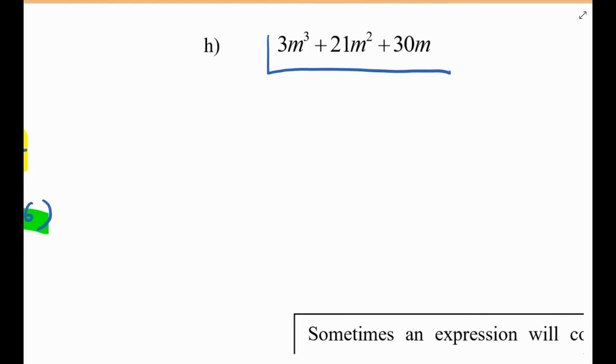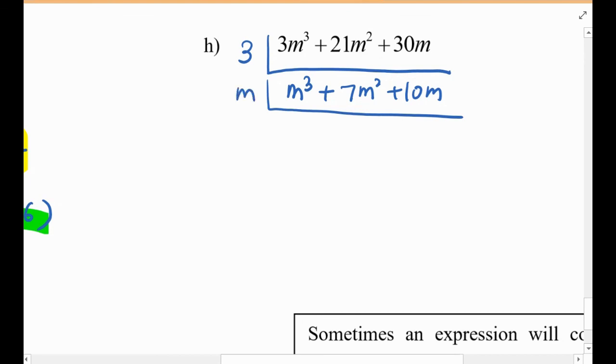Alright, so first we're going to factor out 3. It becomes m cubed plus 7m squared plus 10m, and then we're going to factor out m. It becomes m squared plus 7m plus 10.